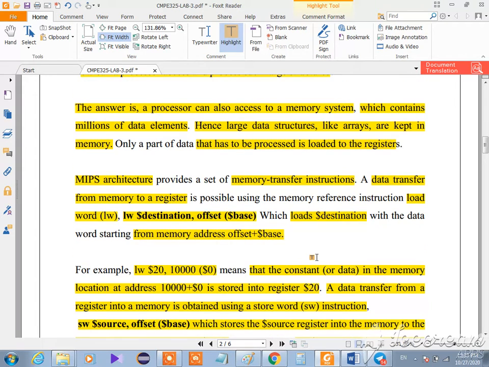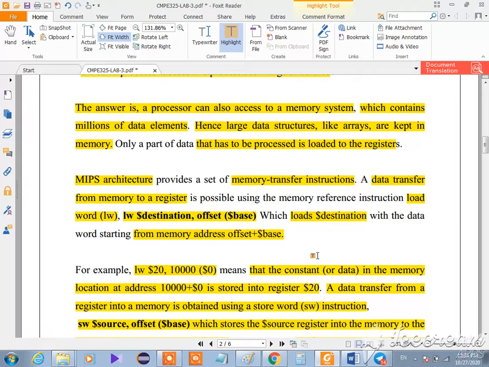And also on the opposite side, when our job is finished with some data, we can save it again to the memory, so we don't need to save the data in the register forever. We can just bring something from the memory to the register, do our procedure on that data, and when our job is finished, we send that data back to the memory again.